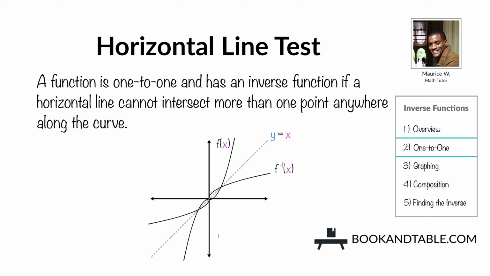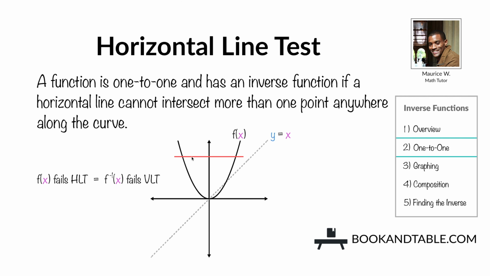Now let's take a look at a function that would fail the horizontal line test. A parabola representing a quadratic function of some sort. If you draw a horizontal line, we see that it will cross two points at the same time, letting us know that this f of x fails the horizontal line test.